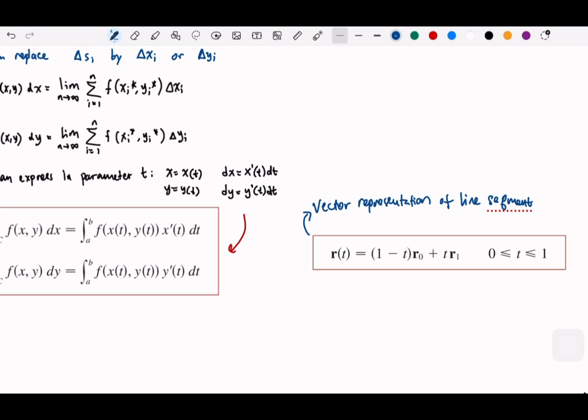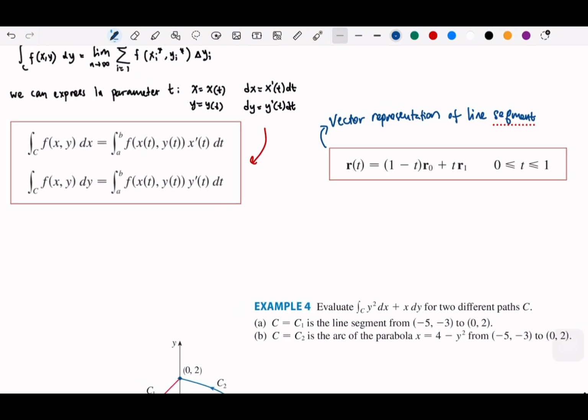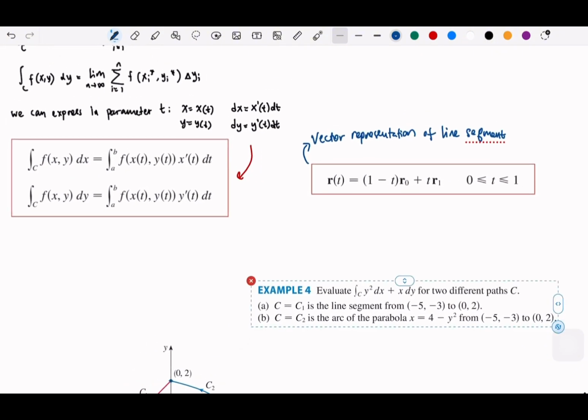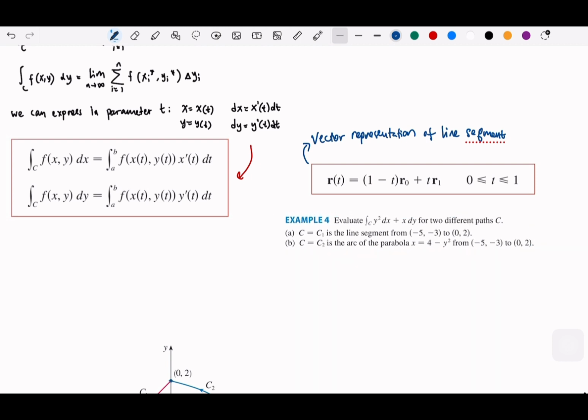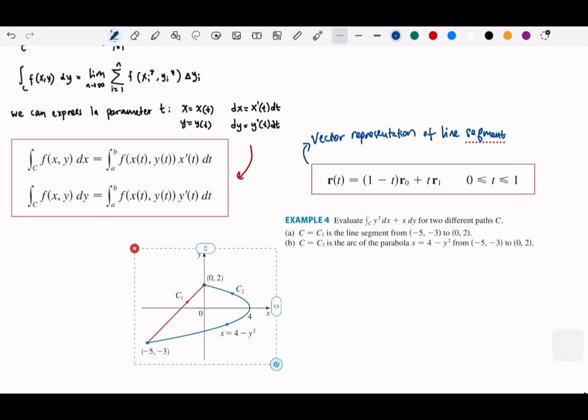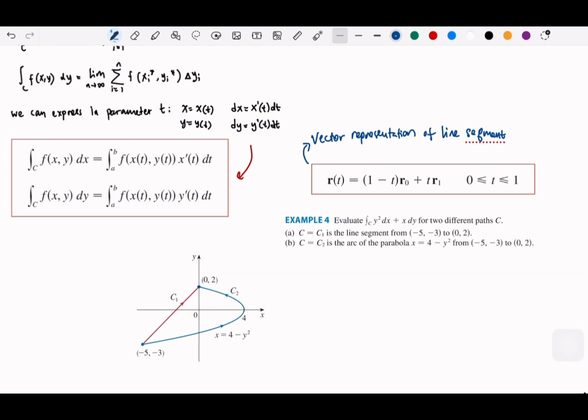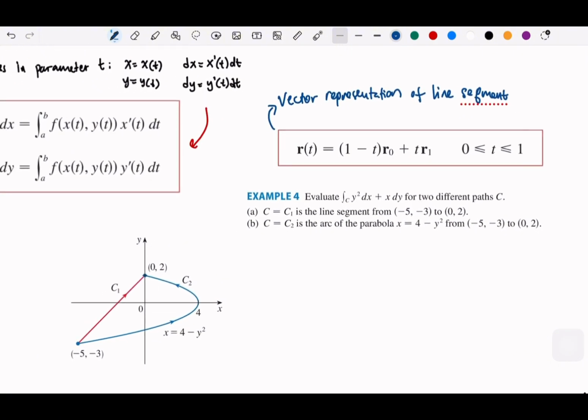Okay, now if we have problems like this, in example 4 here, we have two paths. So we have two conditions. We need to evaluate the line integral of y squared dx plus x dy for two different paths.